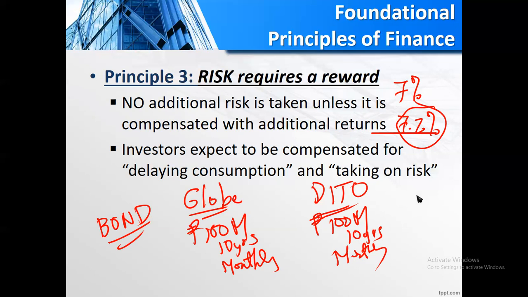So if I were the creditor, why will I lend to DITO if it's only giving me an interest of 7%? Okay, in terms of performance, in terms of track record, Globe is the better company. So I will only be willing to lend to DITO if I'll be compensated for the additional risk that I'm assuming. Okay, I hope that's clear, guys.